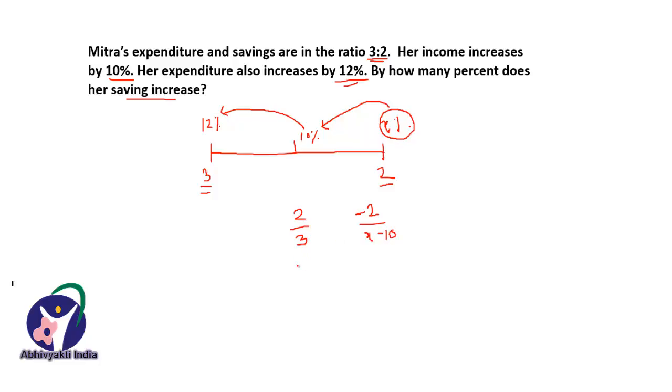Cross multiply, you will get 2x minus 20 is equal to 3 times minus 6. Shift minus 20 to the other side, you will get 2x is equal to minus 6 plus 20, that will be 14, and therefore x is equal to 7. Therefore there will be a 7% increase in the saving.